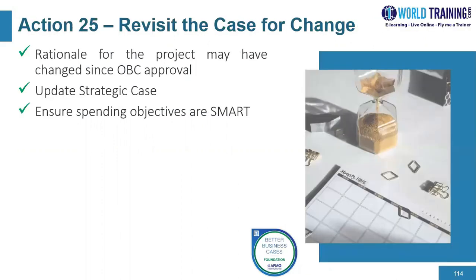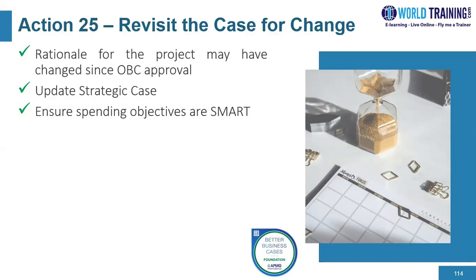Action number 25. So revisit the case for change. This is where we do that because the rationale for the project may have altered since the outline business case was approved due to evolving business needs and changing service requirements. This is where we update the strategic case. We confirm that the case for change remains as set out in the outline business case.